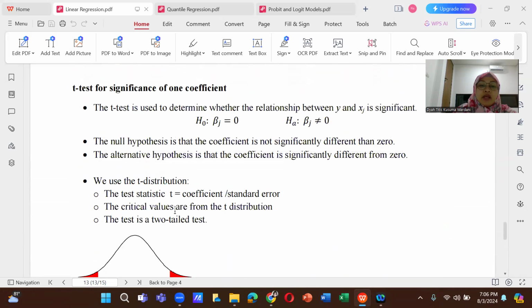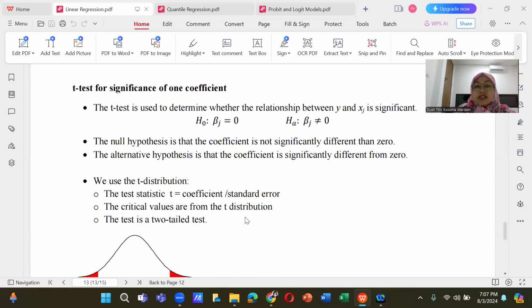Okay, then we move to the t-test and also F-test for significance of the coefficients. Here the t-test is used to determine whether the relationship between y and x_j is significant.